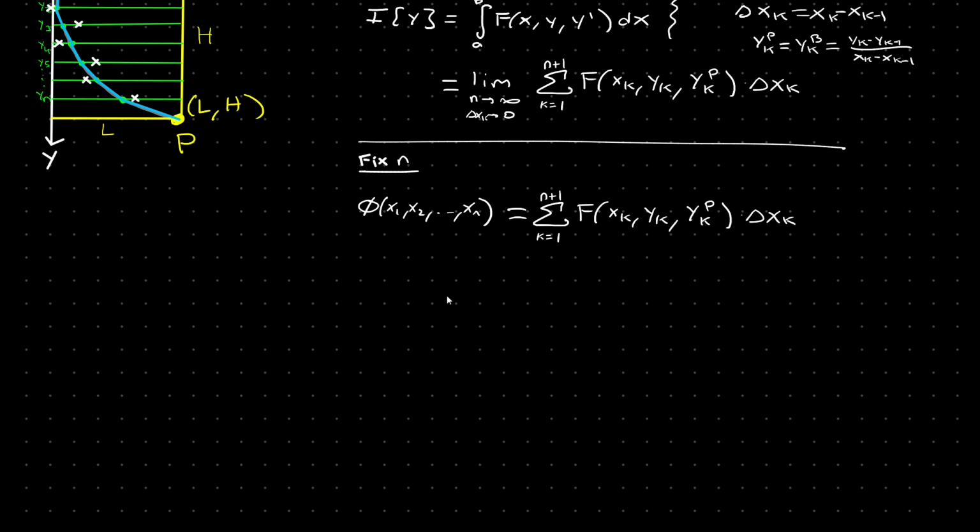We're going to assume that phi is a nice enough function, and this means that the partial derivative of phi with respect to xj has to be equal to 0 for all values of j equal to 1 all the way up to n. This is the condition that is going to happen at a critical point of this multivariable function. This multivariable function is an approximation of the integral that we're trying to minimize.